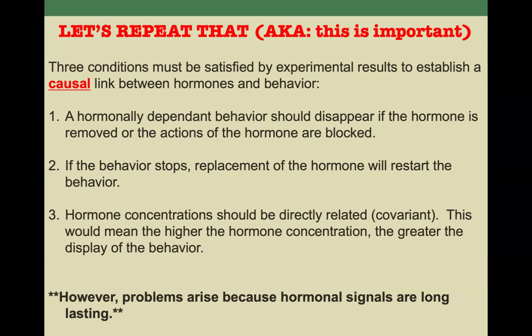Second, if the behavior stops, replacement of the hormone should then restart the behavior. So this would be like if once you remove the testes from the zebra finch and they stop singing, you can then give testosterone injections and the singing will resume. And then third would be that the hormone concentration should be directly related to the behavior in question.